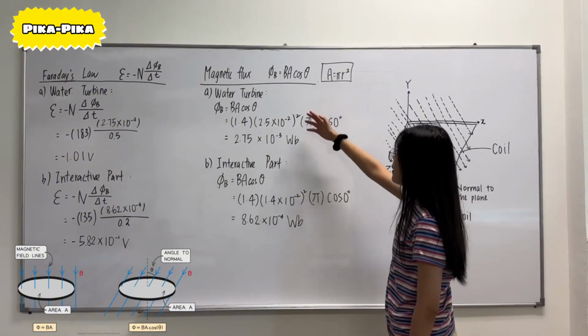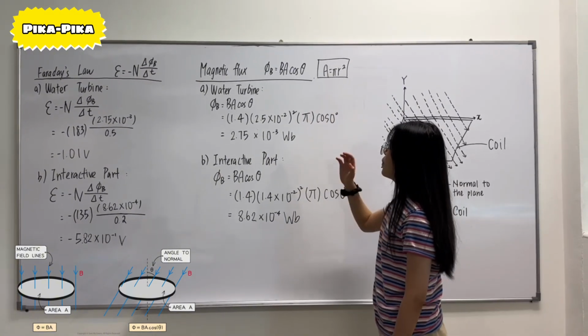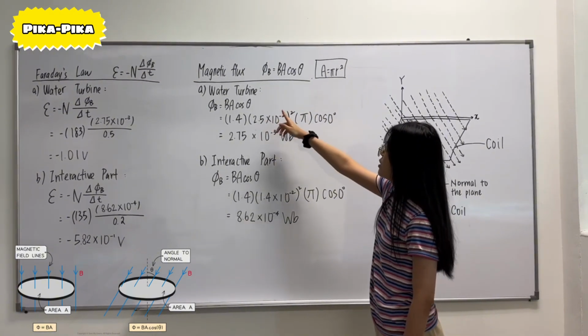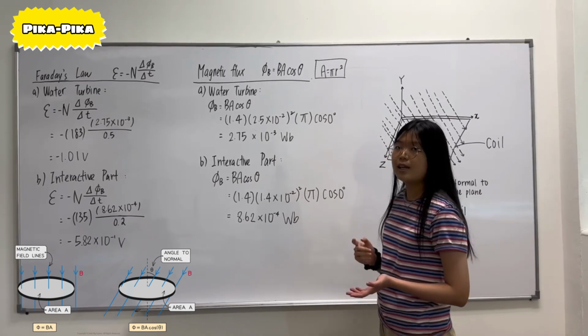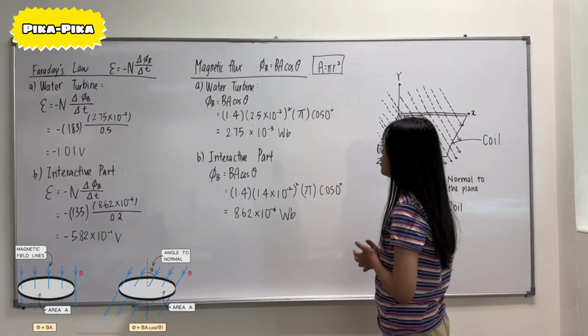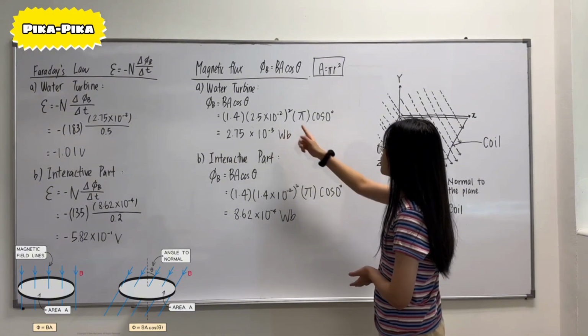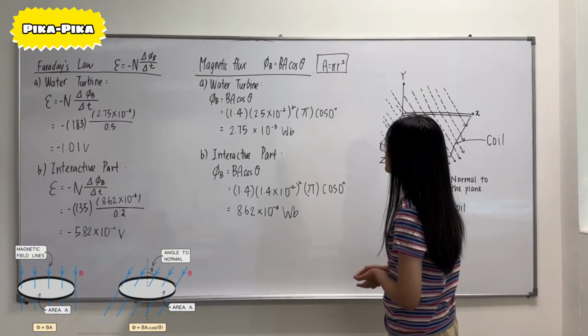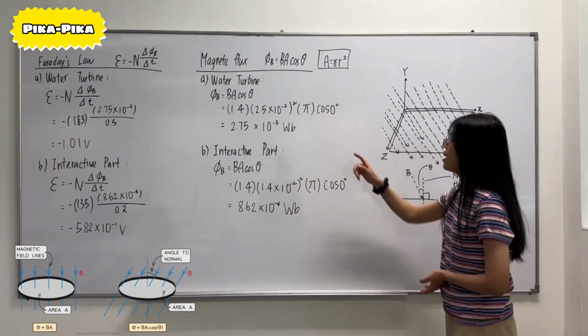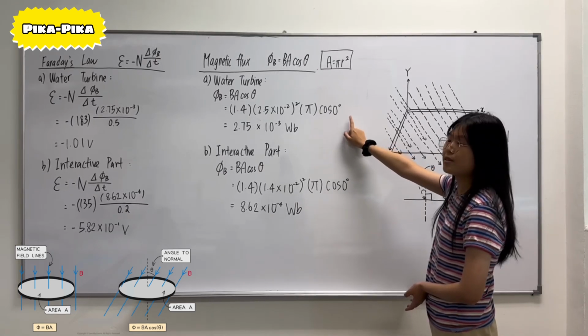For the water turbine, we are using this formula. 1.4 is the magnetic field of the neodymium magnet, and A is the cross-sectional area of the copper wire, and the angle will be 0.